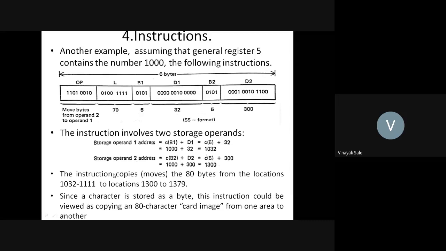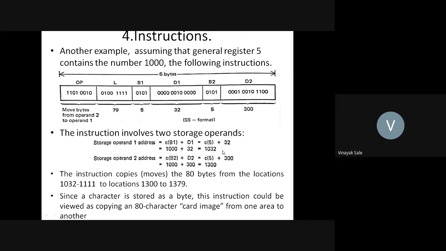So the instruction copies contents of 80 bytes to the locations from 1032 onward. These 80 addresses go from this location to this location, that is 1300 to 1379.